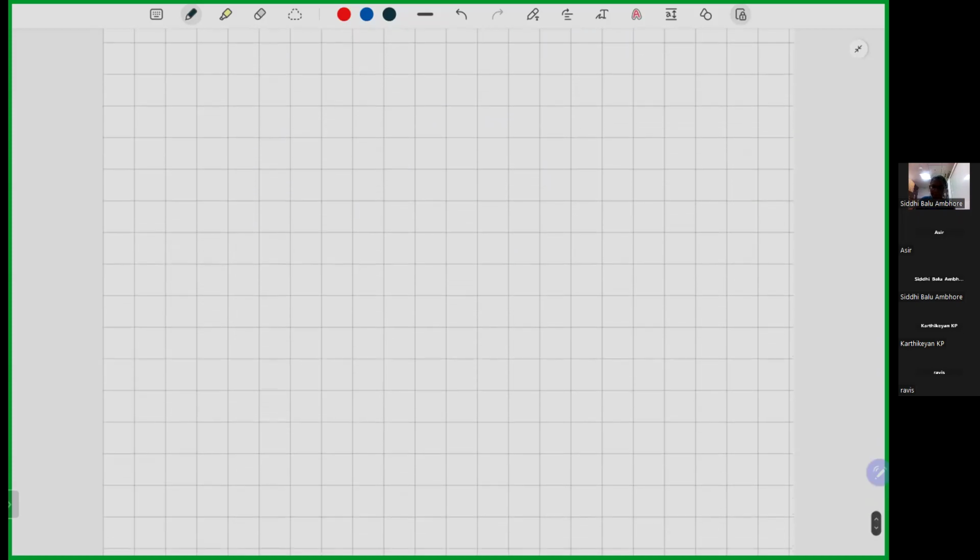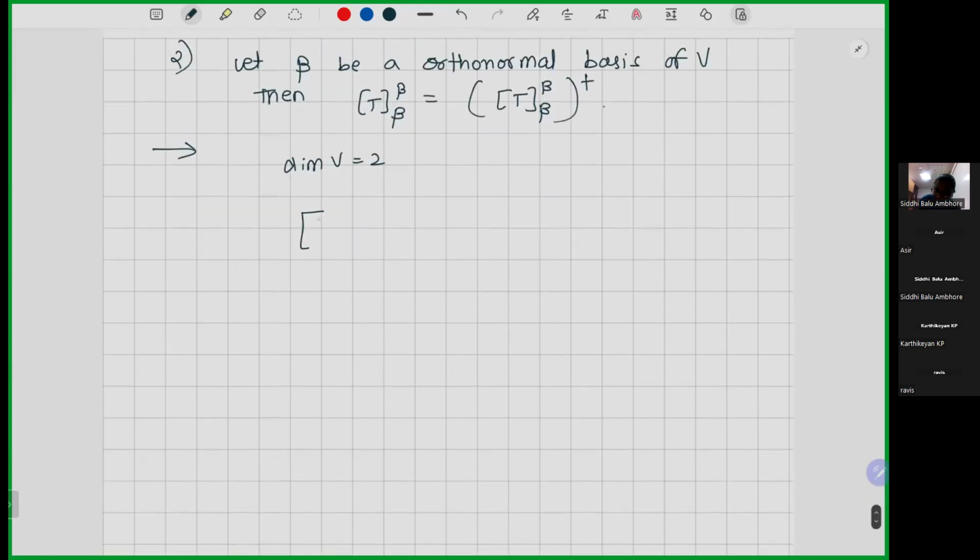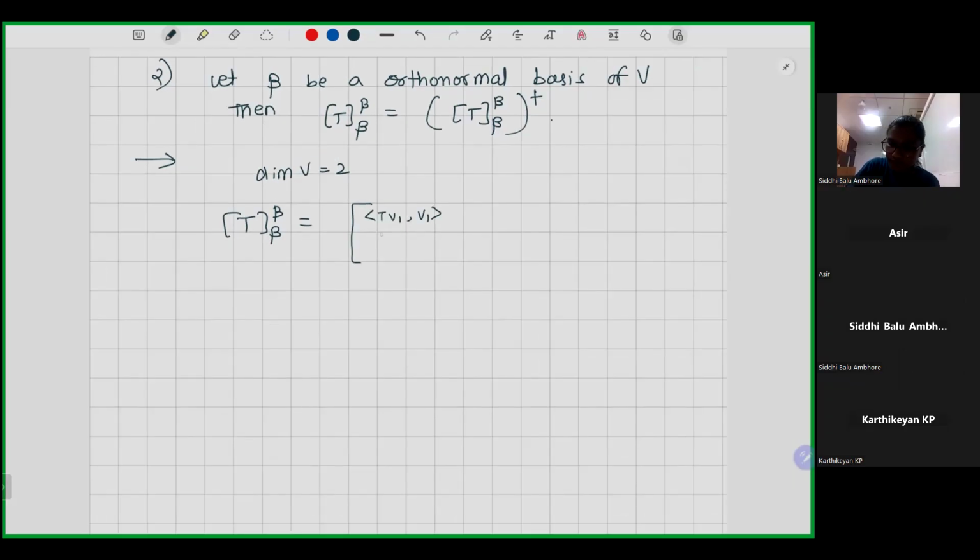Then by our given information, let me write [T]_beta. It is the matrix with entries Tv1 comma v1, Tv1 comma v2, Tv2 comma v1, and Tv2 comma v2. This is what we know because beta is an orthogonal basis of V. Then I take the dagger of this.